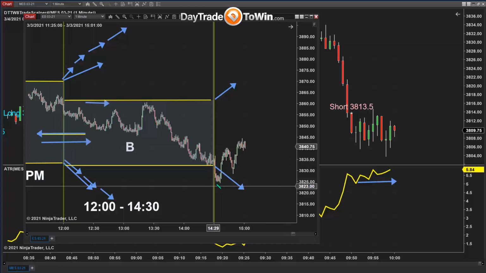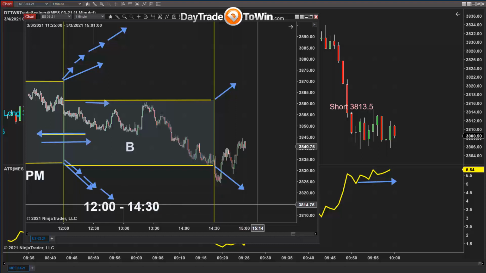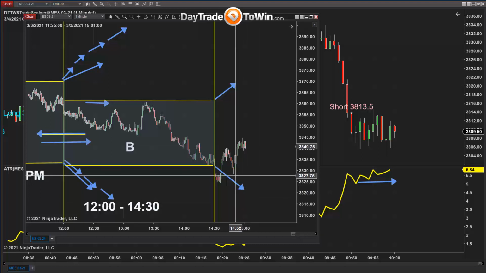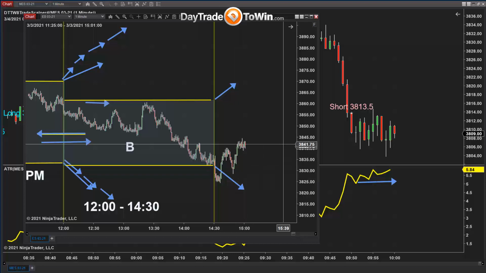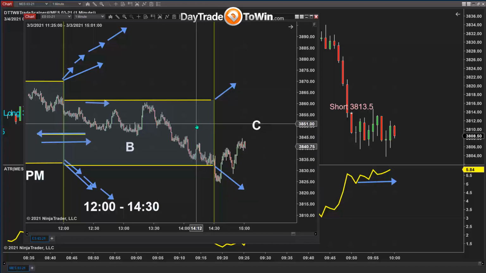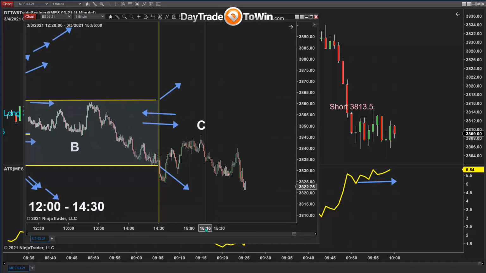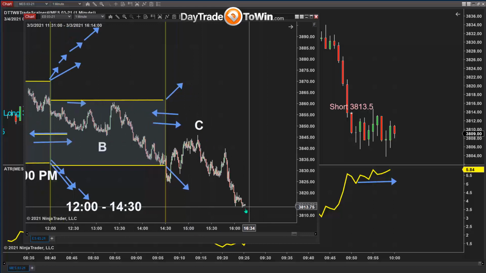We have FOMC news at about 2 o'clock, 2:30, around this time, which the Fed may raise interest rates or lower interest rates. We have Powell speaking. So we have all these things that may occur news related that will push the market into a rally or a sell-off. And we use this B and C, this relationship between these two, to tell me whether or not the market will rally or sell off.